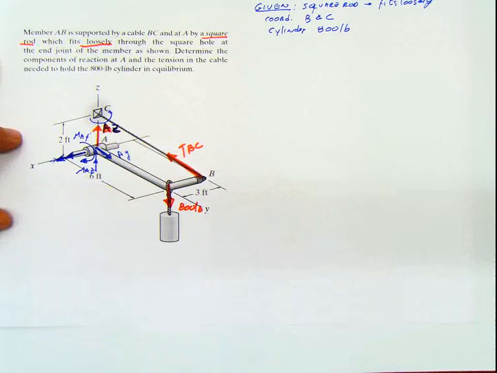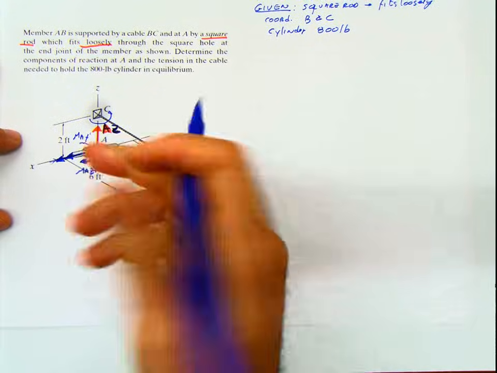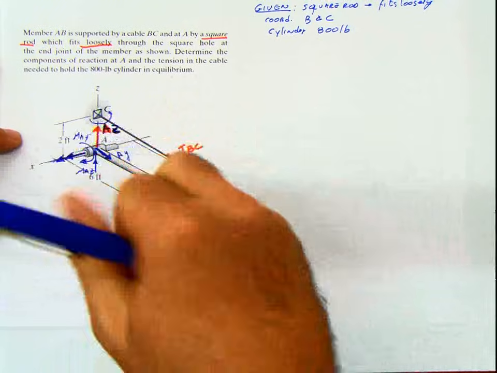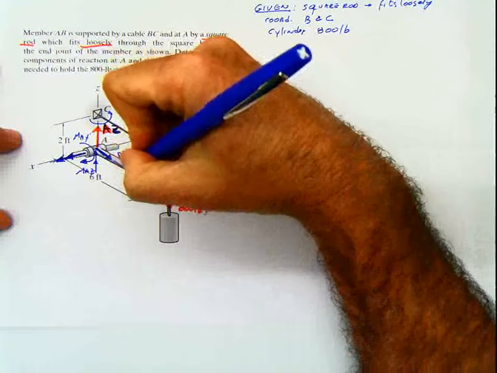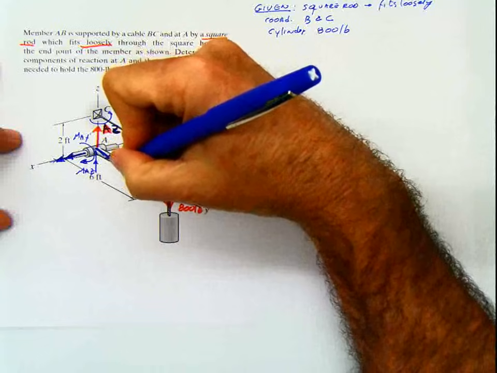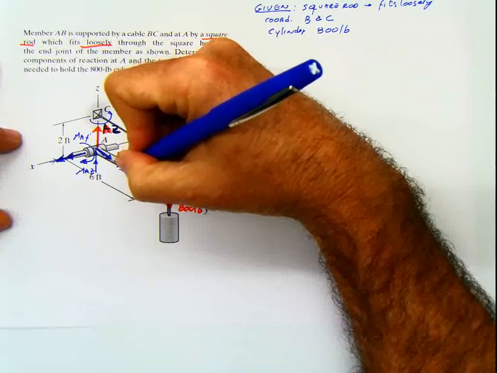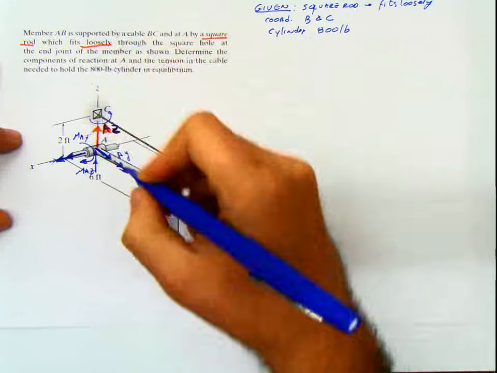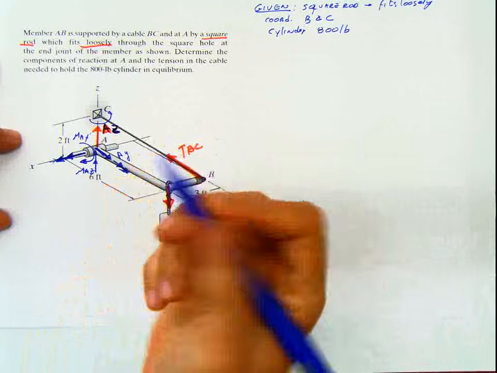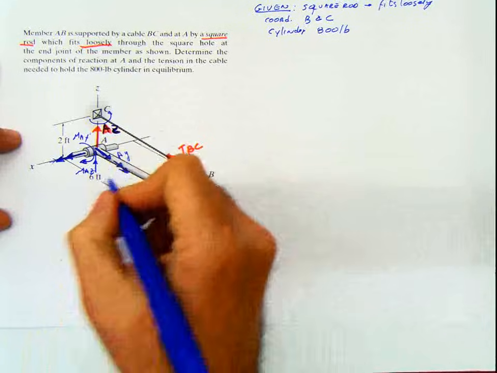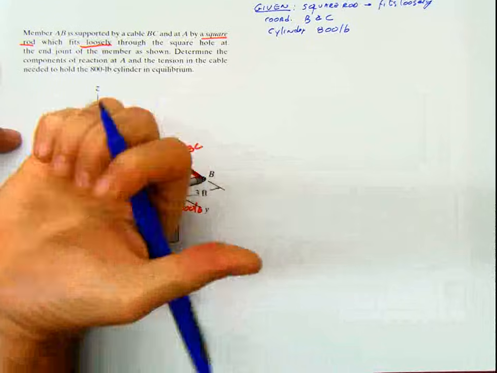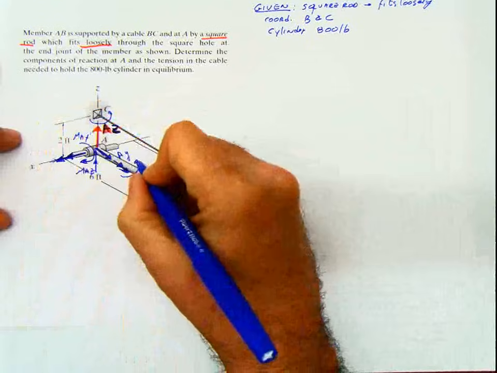And what about y? Well, of course, you have also a moment about y, which is going to be acting here in this direction. Not here, it's here, but I'm going to express it like that. I'm going to put it positive for now.